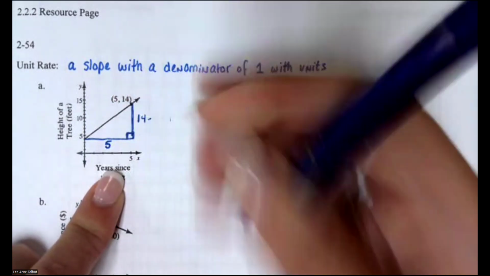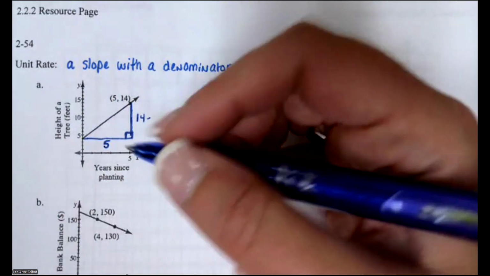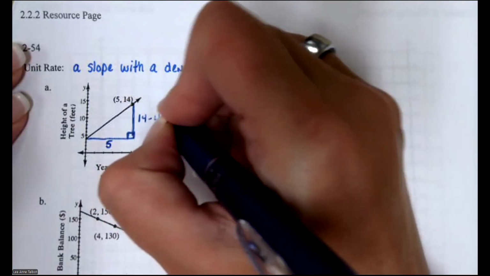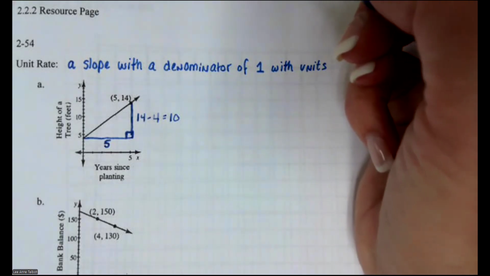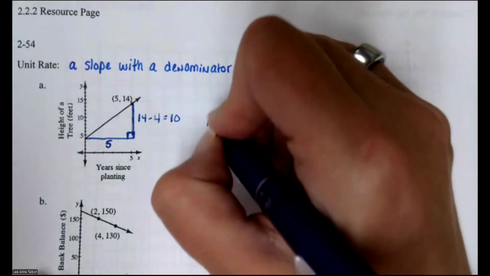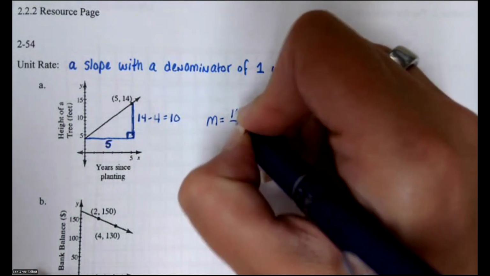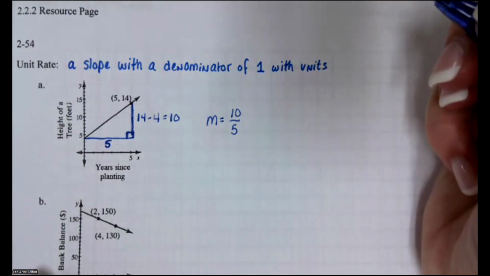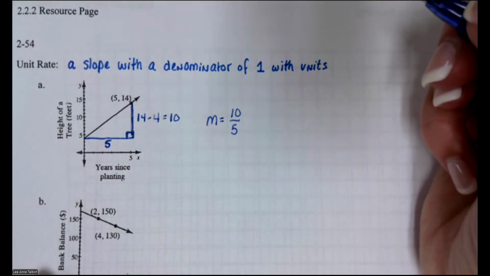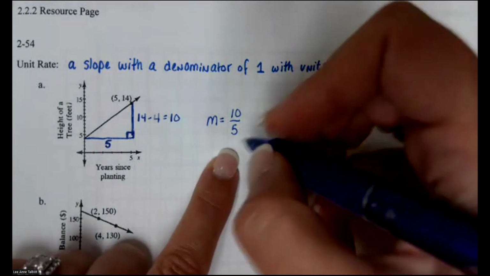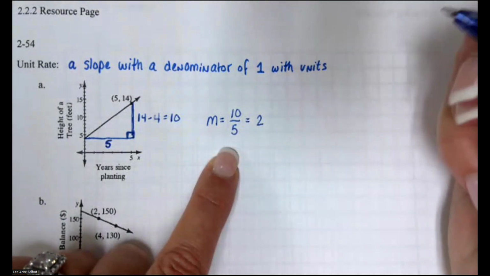Oh, it's mine. You're right. You were right. Okay. So slope equals rise over run. This is one we can divide in our heads. So 10 divided by 5 is 2.